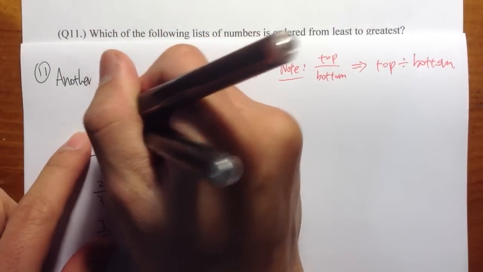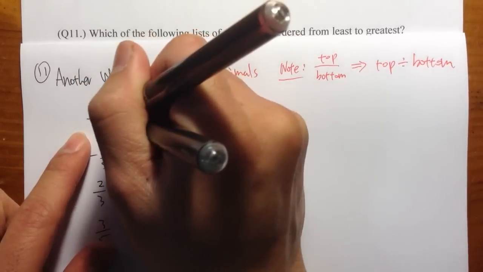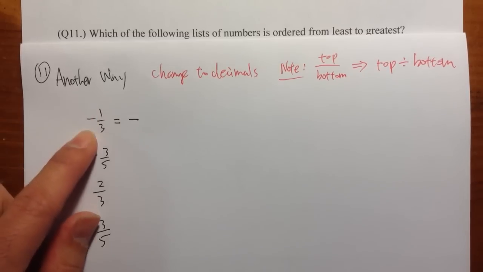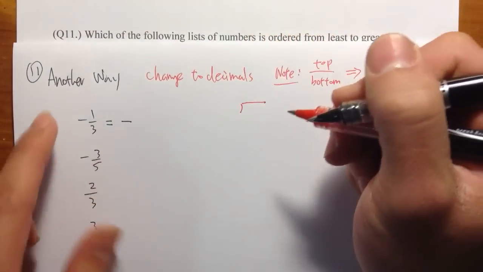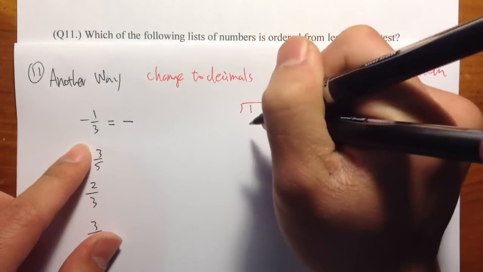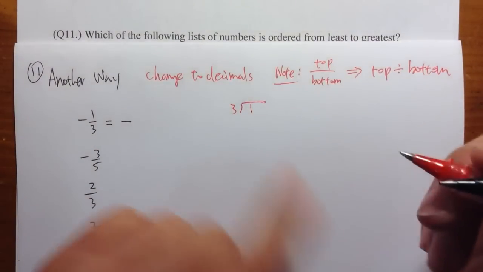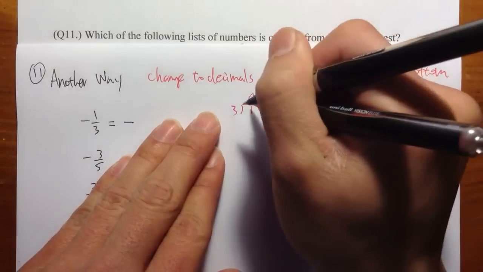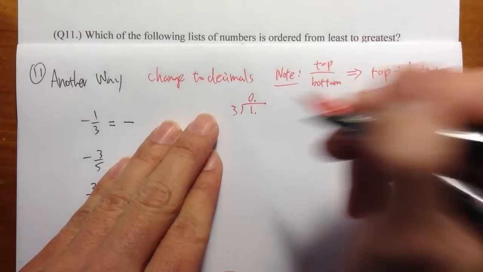For the first one, the result is going to be negative, so I know that right away. I need to do 1/3, so let me do this on the side. I need to do 1 divided by 3, with 1 inside and 3 on the outside. Let me run through the long division. 3 goes into 1 0 times. Put a decimal point here and here as well.